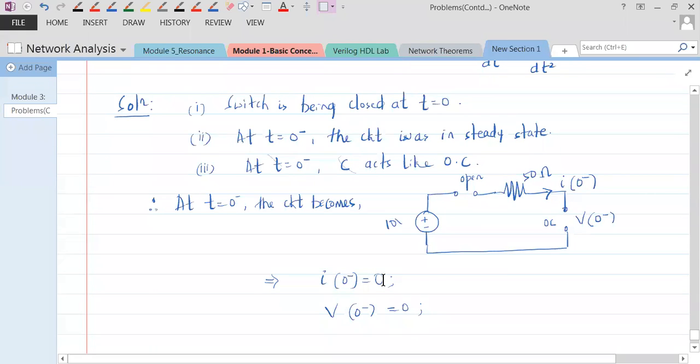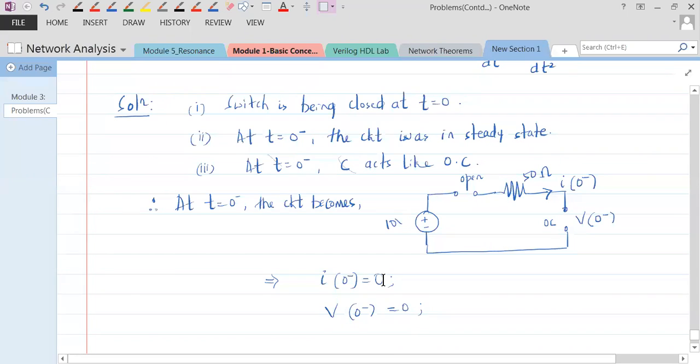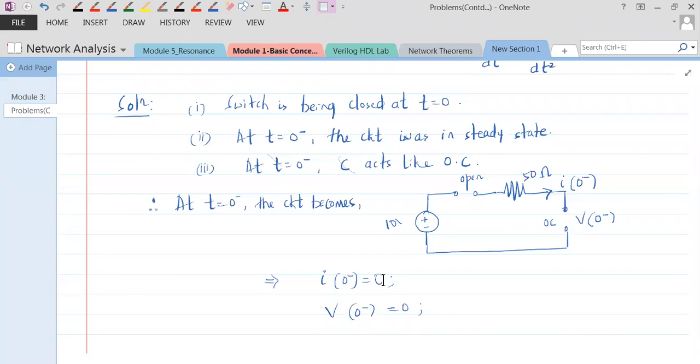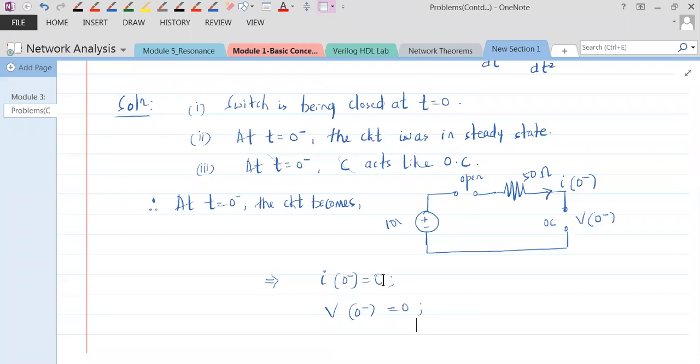If so, when would that happen? If it is not equal, why is it not equal to I of 0 plus? Anybody would like to comment on that? Why here I of 0 minus is not equal to I of 0 plus?